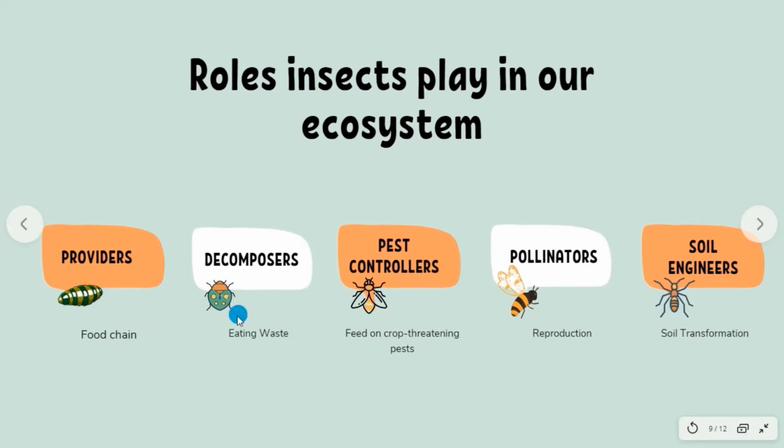The second one is called decomposers. Basically, decomposers eat the waste of natural living things, for example plants and other animals, and they prevent the accumulation of dead bodies in nature.